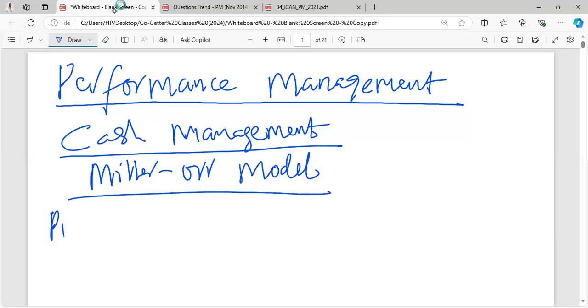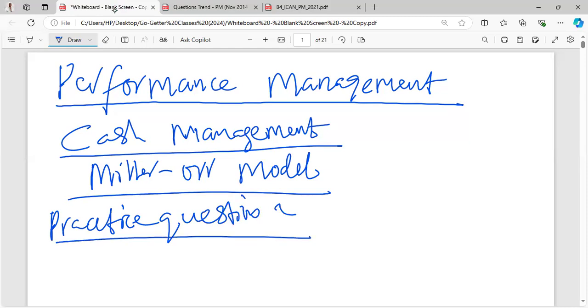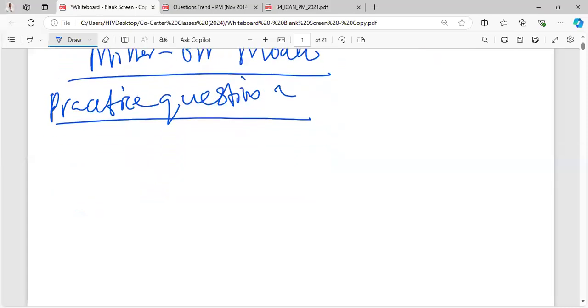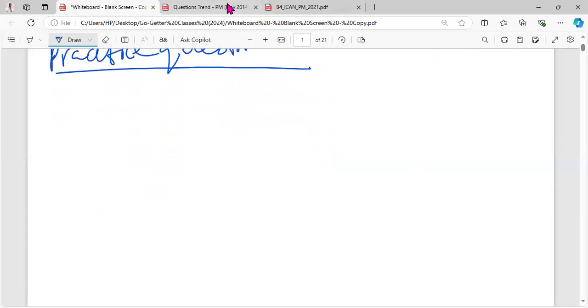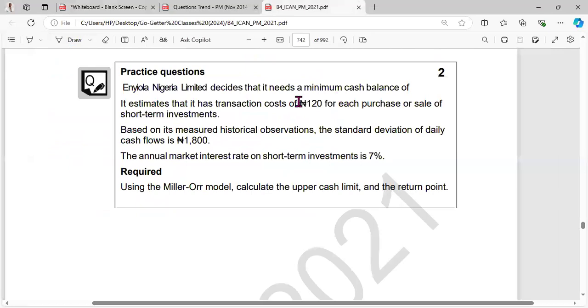We are in practice question 2. All right, so let's look at practice question 2. And we're told it decides a minimum cash balance of, we are not told.